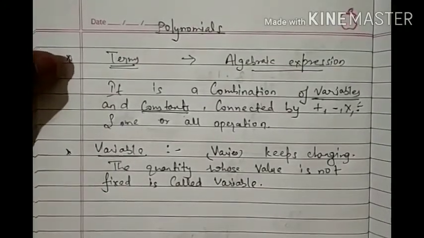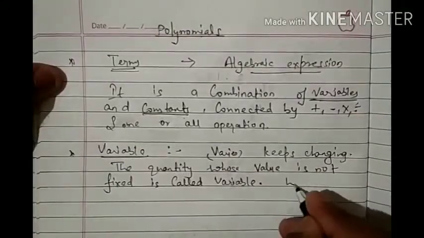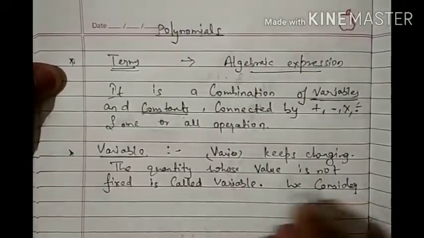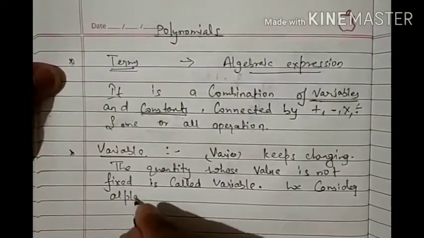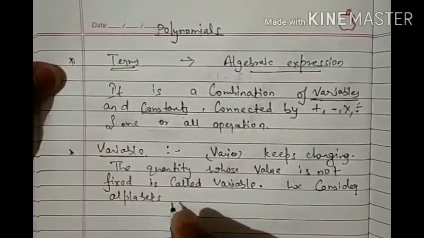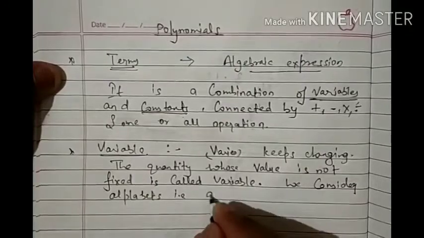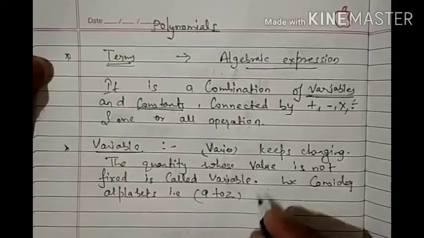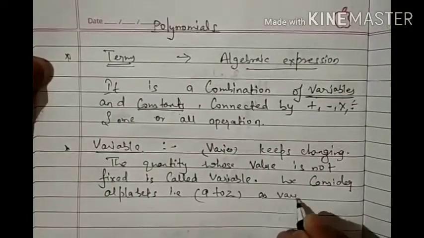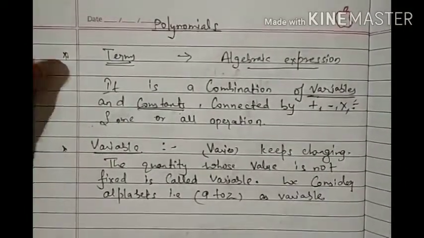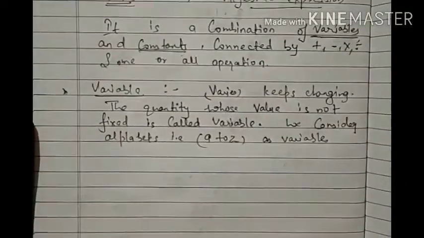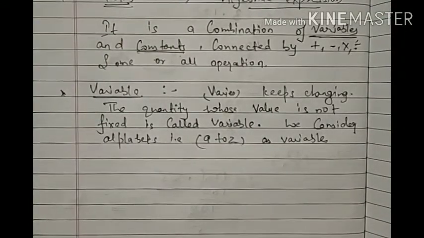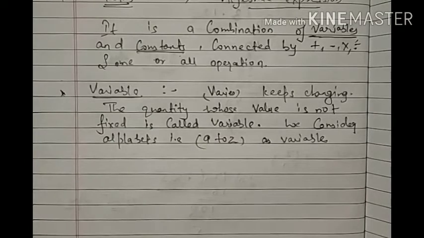In mathematics, we consider alphabets, that is A to Z, as variable. All the quantity whose value is not fixed is called variable.